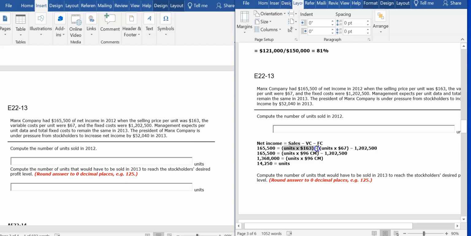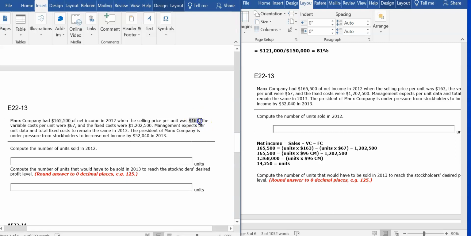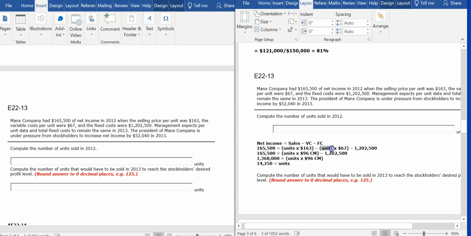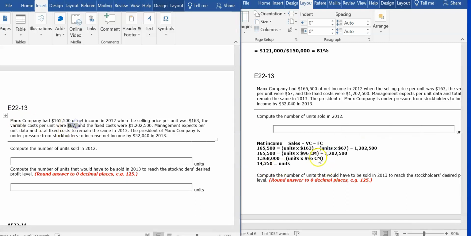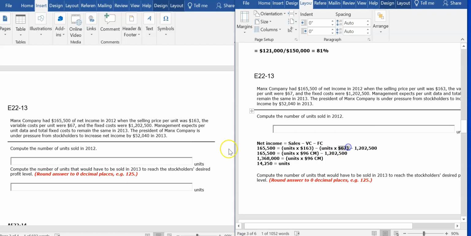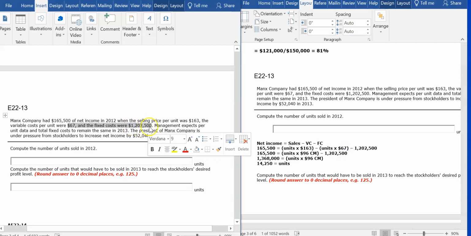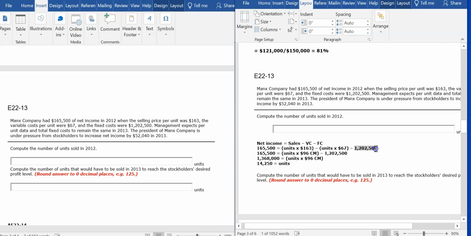Our sales are whatever the number of units are, times $163 per unit, the selling price per unit. The variable costs are going to be however many units were sold at a variable cost of $67 per unit, minus the fixed cost. Ultimately, what we just need to do is solve for the one unknown. We just don't know the number of units.